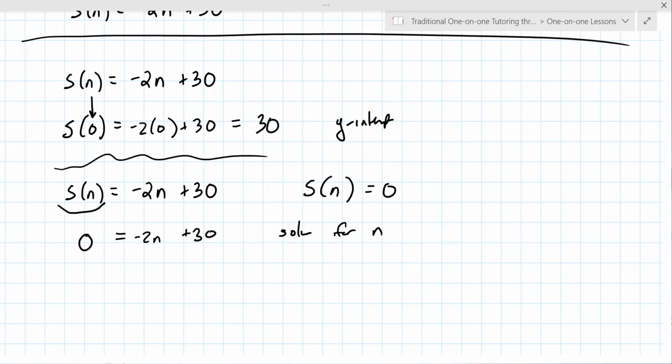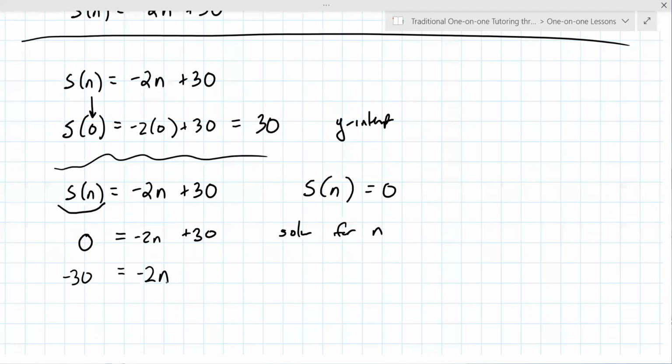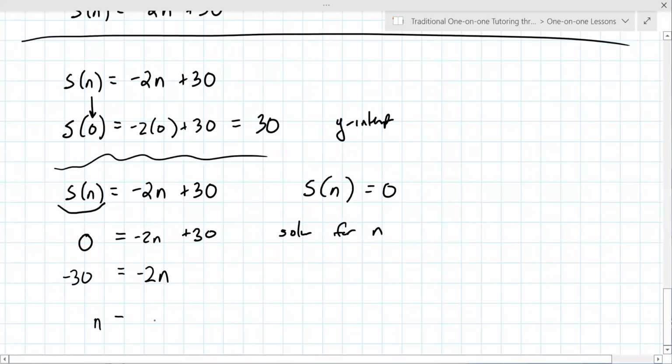You would do negative 30 on each side, right? Yes. Would it be n equals negative 28?